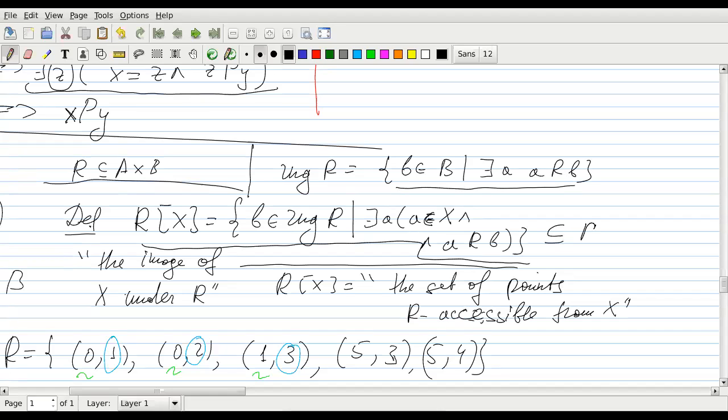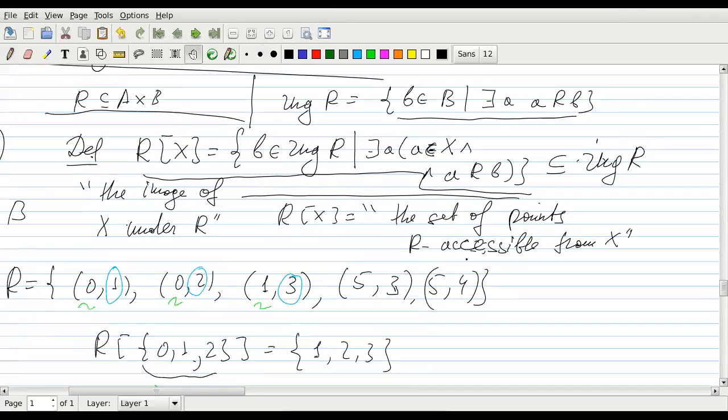So this is the set of all second coordinates of the pairs where the first coordinate comes from our X. So this is just a subset of the range. Is it clear?